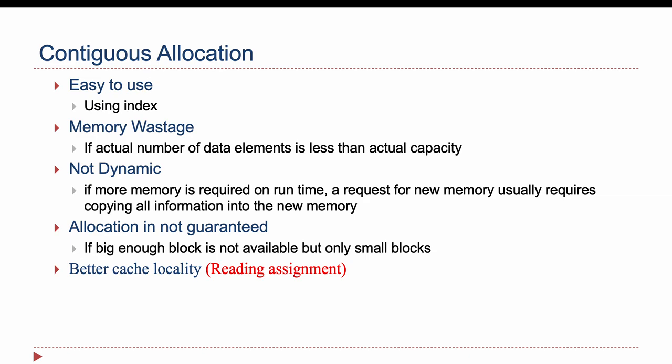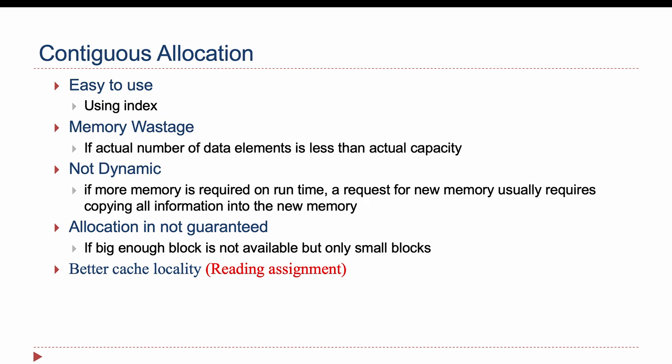However, there are also some disadvantages to consider. One of the main issues with contiguous allocation is memory wastage. If the actual number of data elements is less than the capacity of the block, some memory cells will be left unused, leading to inefficient memory usage.